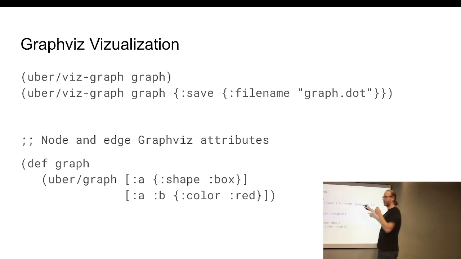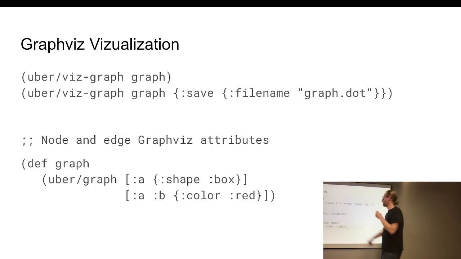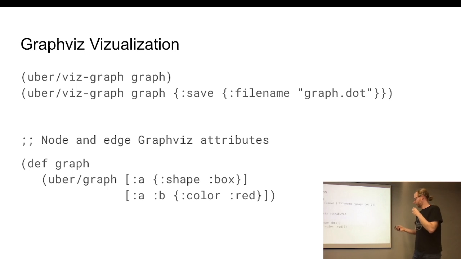I do this one, and then I have Kitty, my terminal, print it because your terminal should be able to show images, and if it's not, switch terminals. So I can have a little thing that's watching a bunch of these and printing them out as I change them. And finally, this is also a really convenient feature: if you put attributes on these things and they're GraphViz attributes, because GraphViz has this set of things that it understands, it will automatically use those. So it's a really convenient way to visualize these built in. I didn't have to write it.